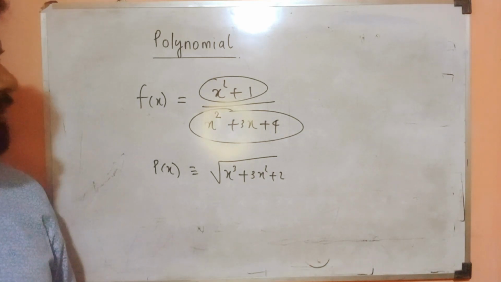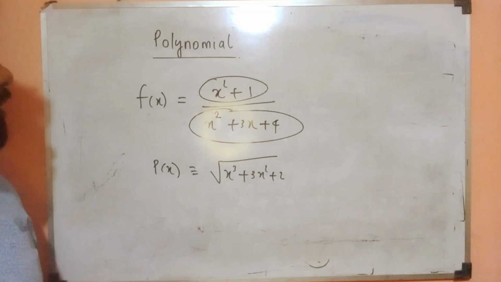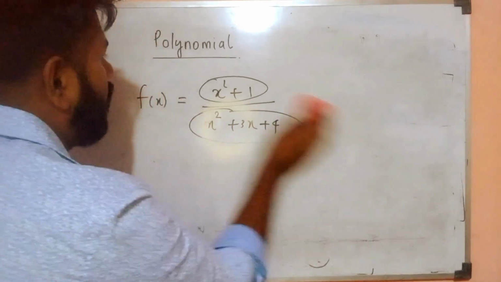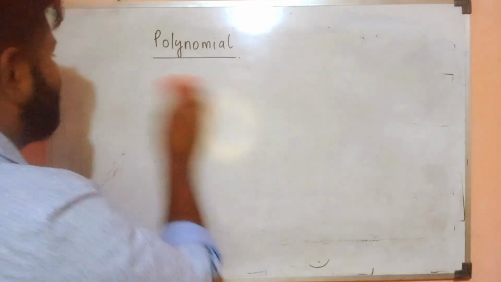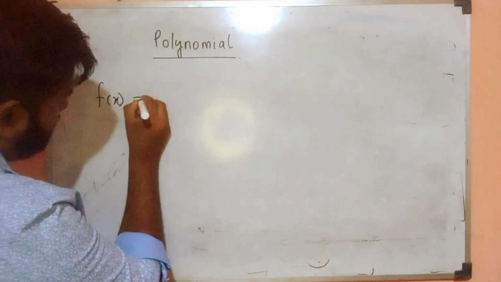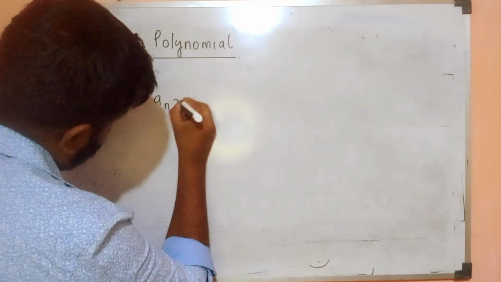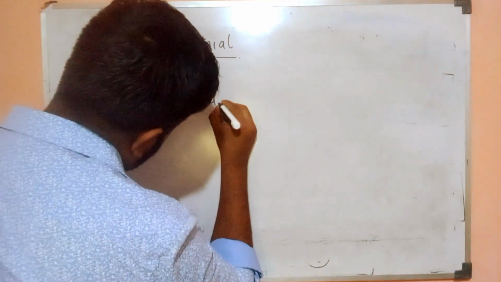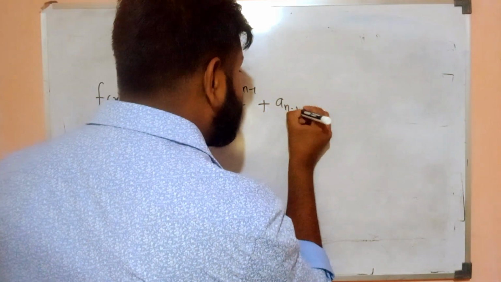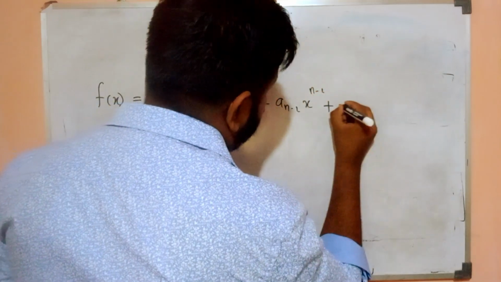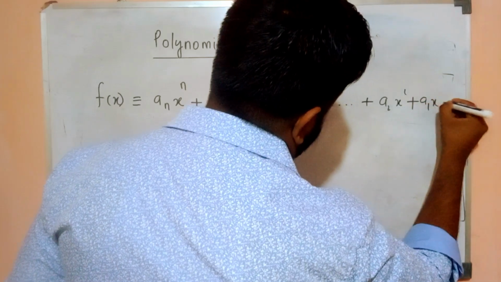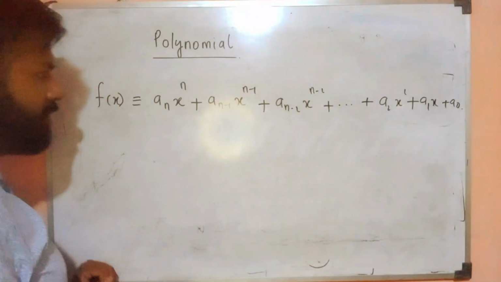So hope you have understood the meaning of a polynomial. What is the common format of a polynomial? Usually we write polynomials like this: f(x) is equal to a_n x to the power n plus a_(n-1) x to the power n minus 1 plus a_(n-2) x to the power n minus 2, and it will go on like this: a_2 x squared plus a_1 x plus a_0.